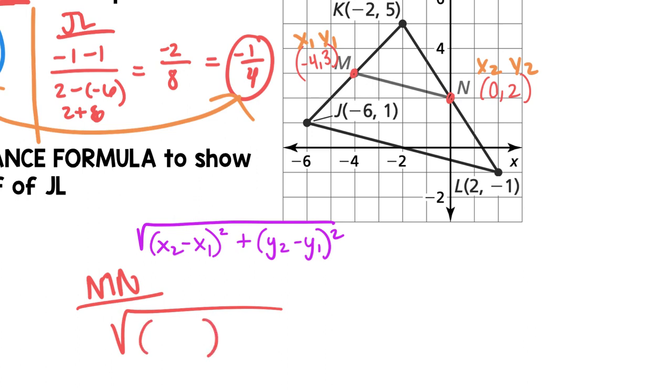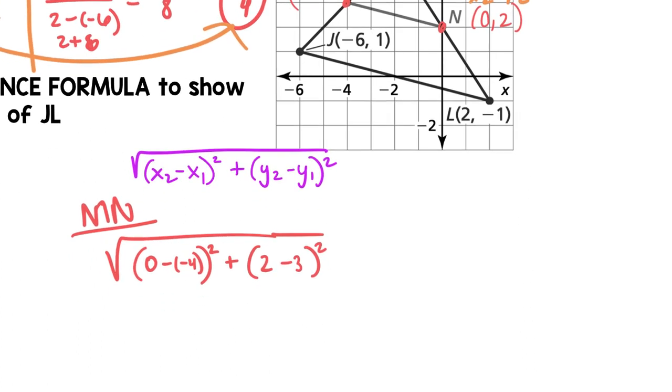In the first set of parentheses would be my x values. If I start with x2, that would be 0 minus -4, squared. Then my y values would be 2 minus 3, squared. Let's figure out the math. 0 minus -4 turns into 0 plus 4, which is 4.